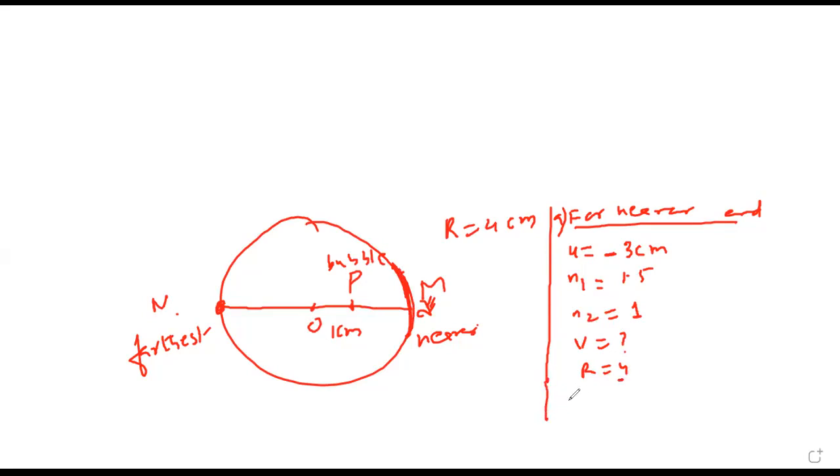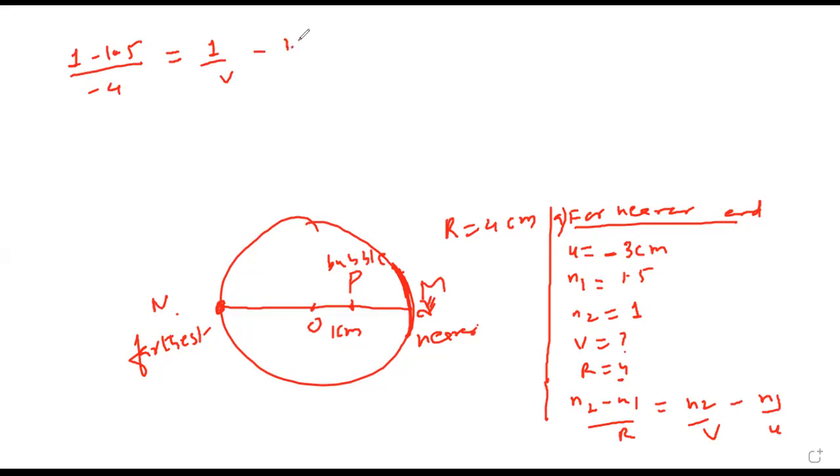What is the formula for a single spherical surface? N2 minus N1 upon R is N2 upon V minus N1 upon U. Followed this formula? Yes. Now N2 is 1 minus 1.5, R by convention minus 4, N2 is 1, V we want, N1 is 1.5, U is minus 3.